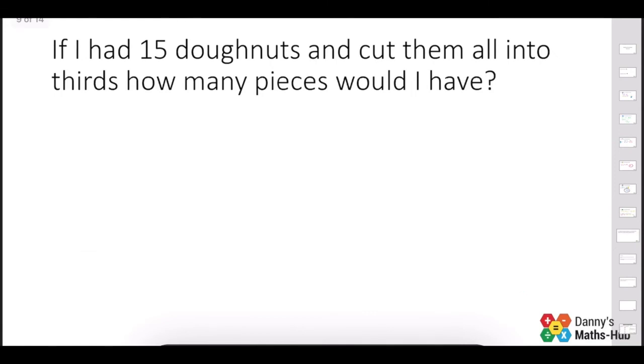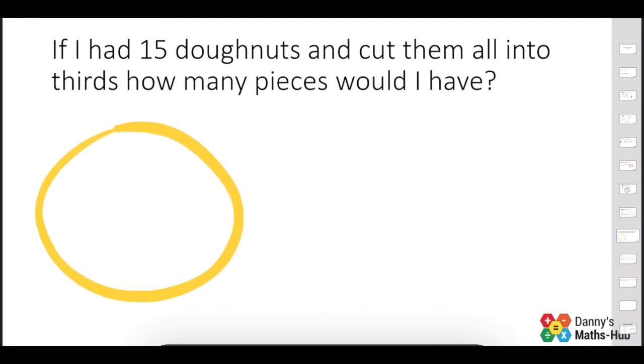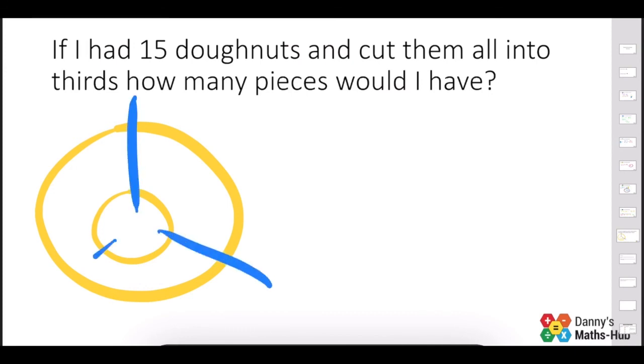Now, a slightly different question, but still with the same principle. If I had 15 donuts and cut them all into thirds, how many pieces would I have? So if we imagine a donut, and we cut it into thirds, well, how many thirds do we have?